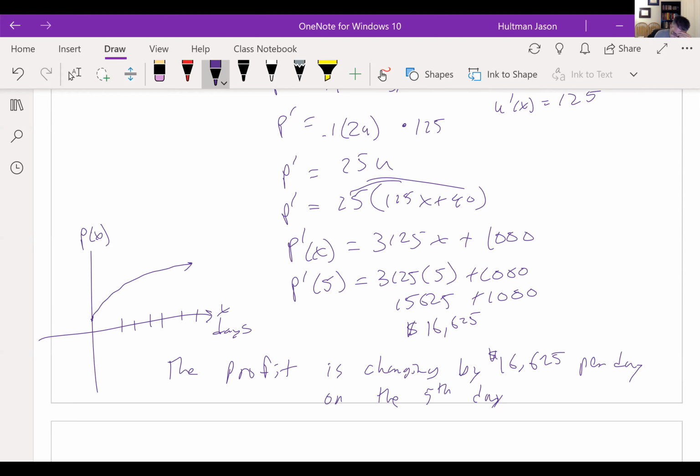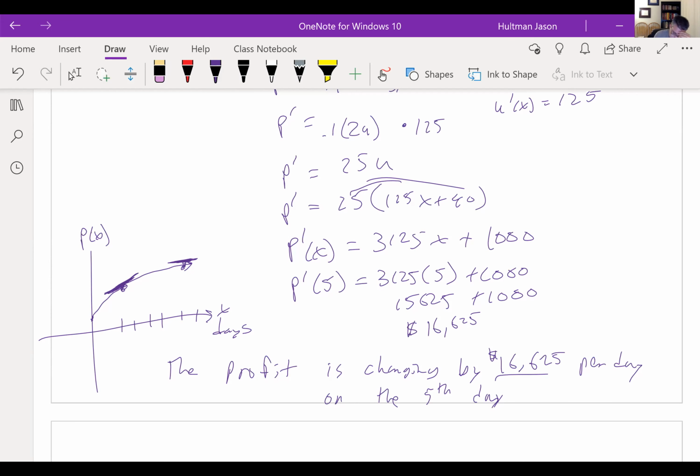And so the profit here is different than the profit here. It's dependent on the day, and the rate of change is the slope of the tangent line. Maybe you're faster here and you're slower there. But in this case, the profit always keeps going up. Okay, so that's why there's a positive change in the profit.